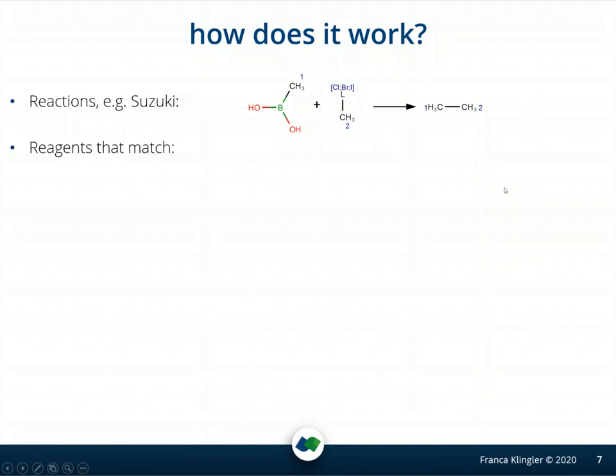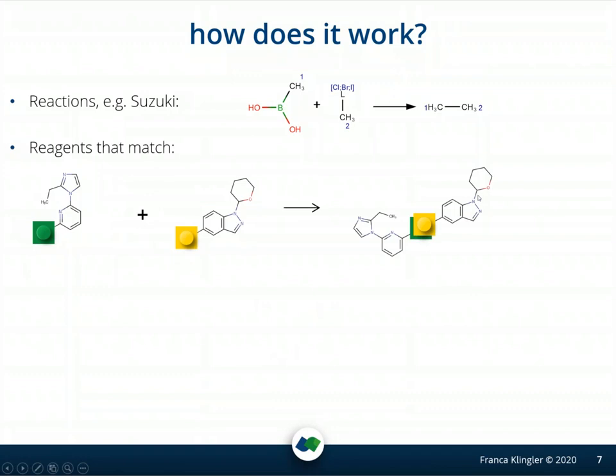If we now feed a database of reagents into the computer, it will automatically find the reagents which match, clip off those leaving groups which do not survive on the product side, and attach little linkers to them, which are depicted here by those Lego bricks. And our product side is never really there. It's basically still our building blocks, together with those Lego bricks, because you all know how this happens.